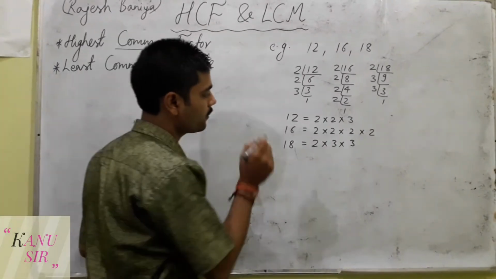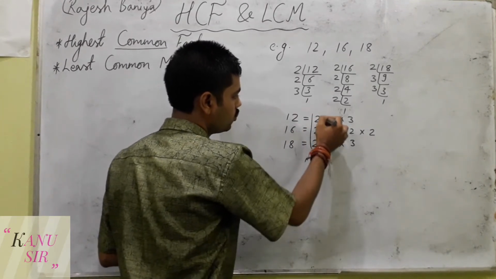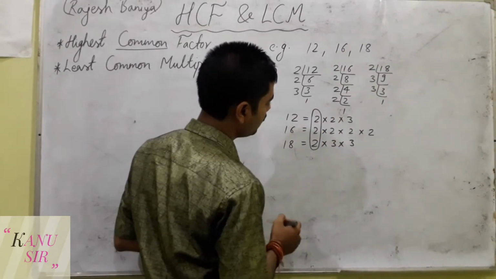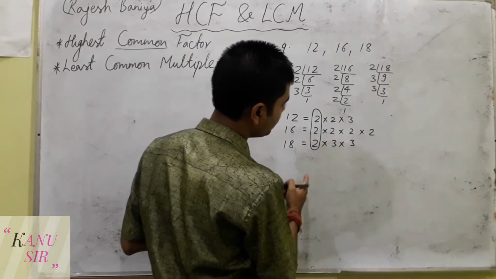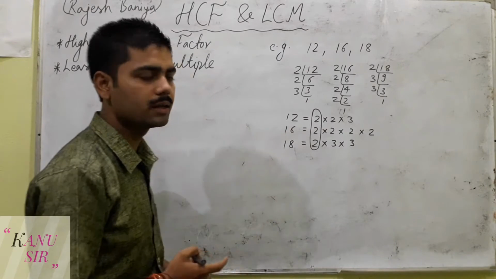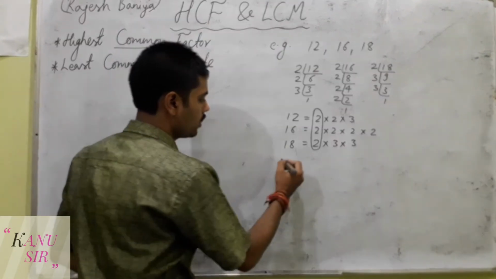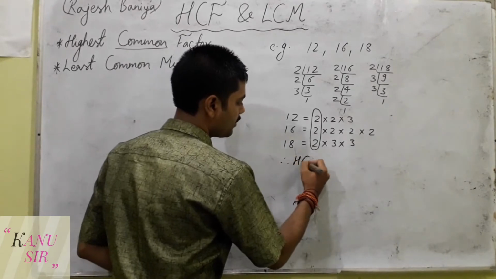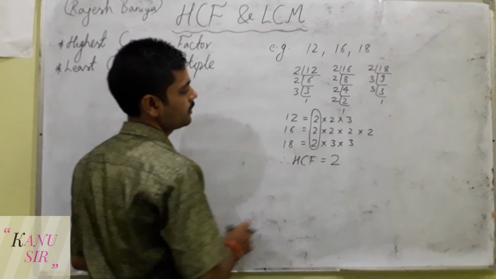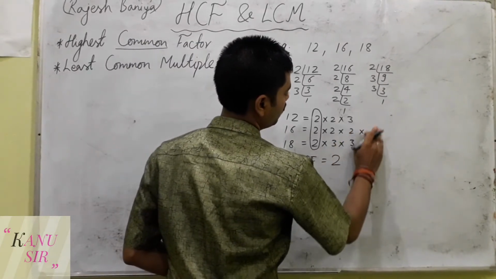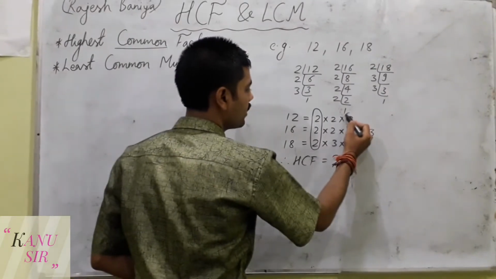Let us check the common factor in all the three, that is 2. After finding that, the rest of the factors are not common in all the three numbers. So we can directly write the HCF is 2. What if there were a 3 in 16?